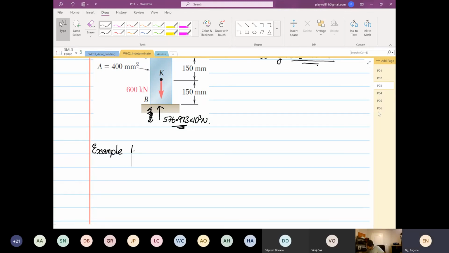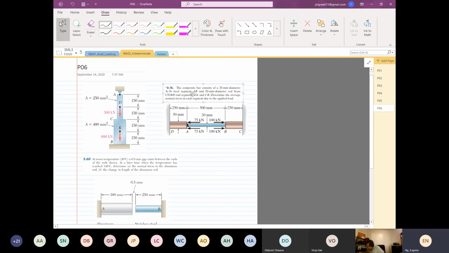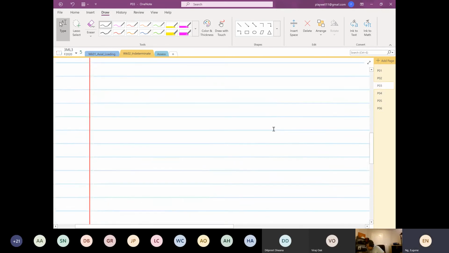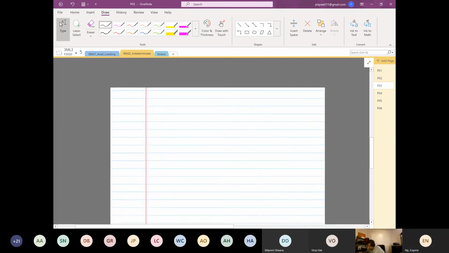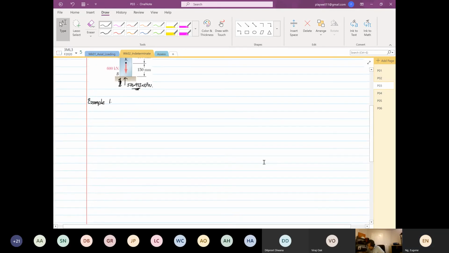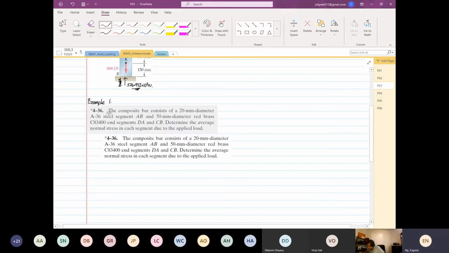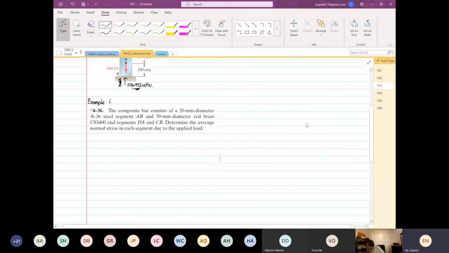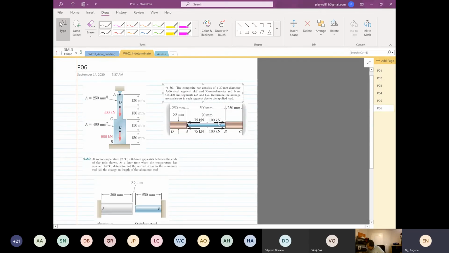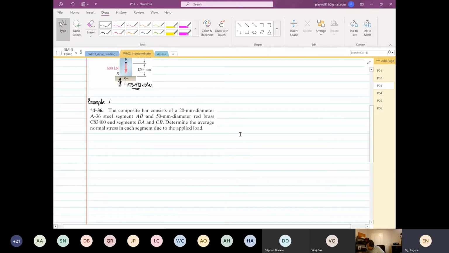We're going to take this diagram. As I said, I've given this question on Avenue. I hope before you come to class, you just open them.